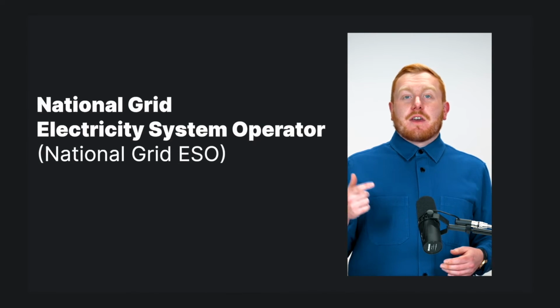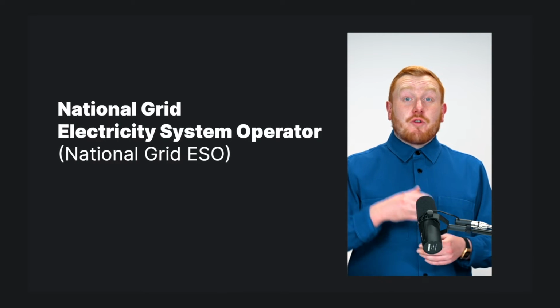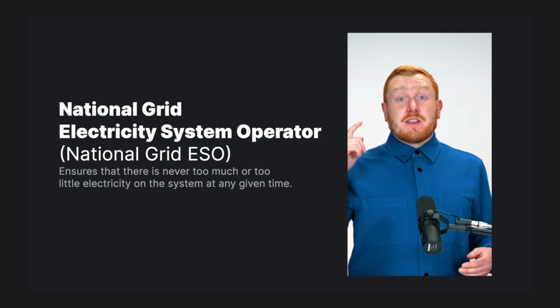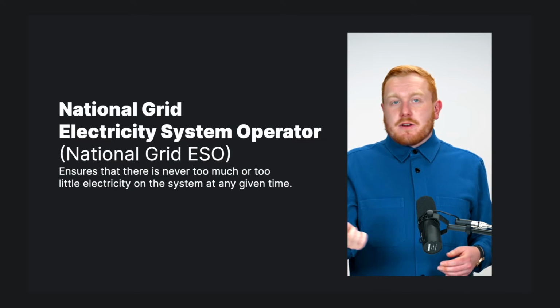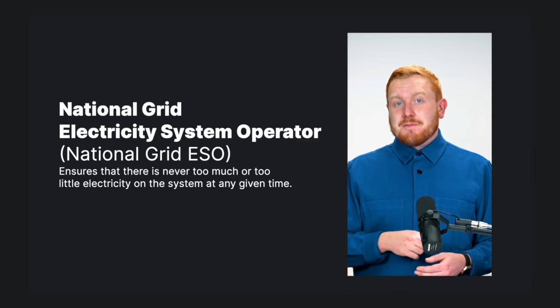In Great Britain, the organisation that manages this is National Grid Electricity System Operator, or National Grid ESO for short. National Grid ESO ensures that there is never too much or too little electricity on the system at any given time, in order to keep the lights on. Basically, if there's too much electricity passing through the system, things go bang and break, and if there's not enough electricity passing through the system, your lights won't come on at all.